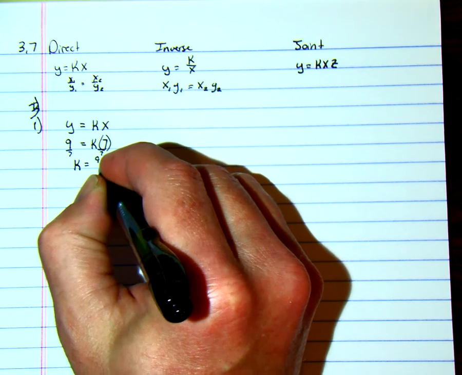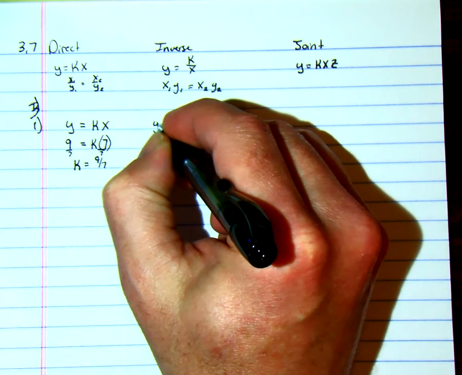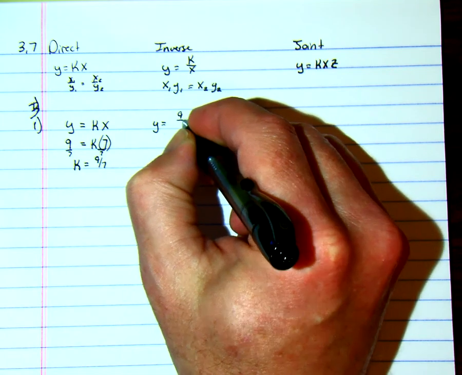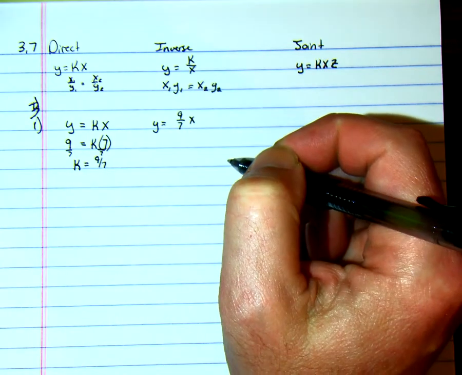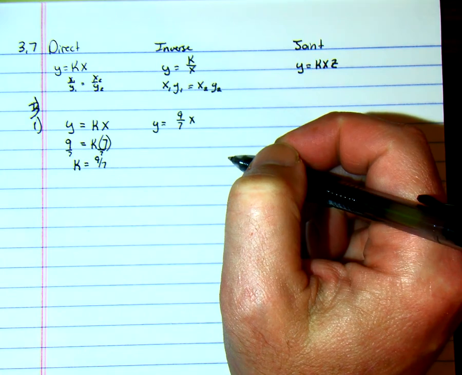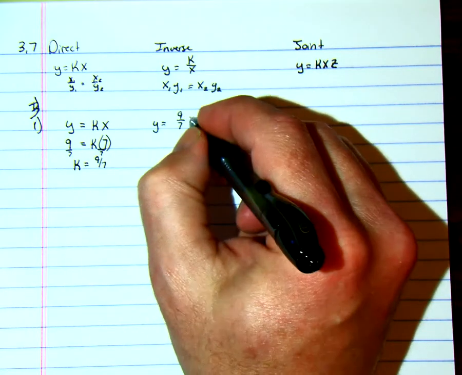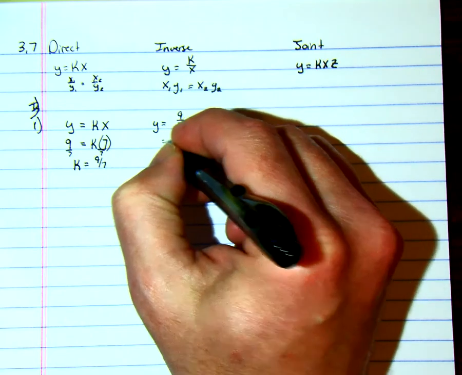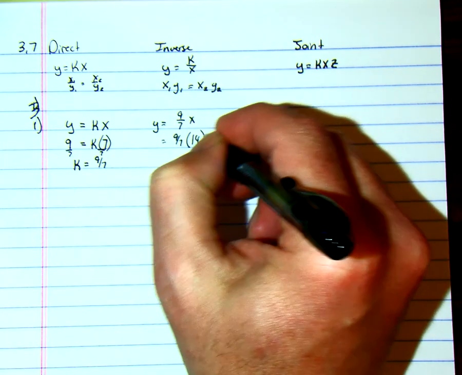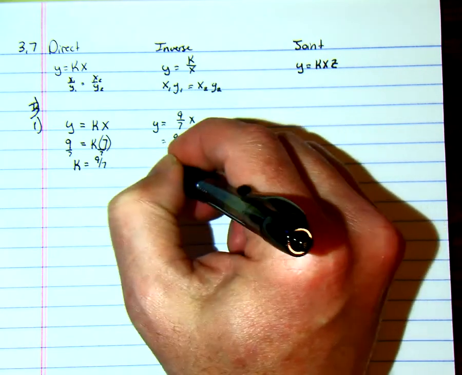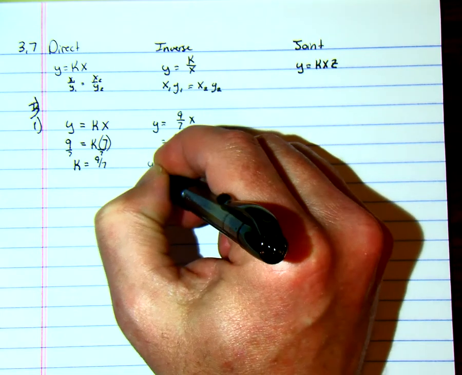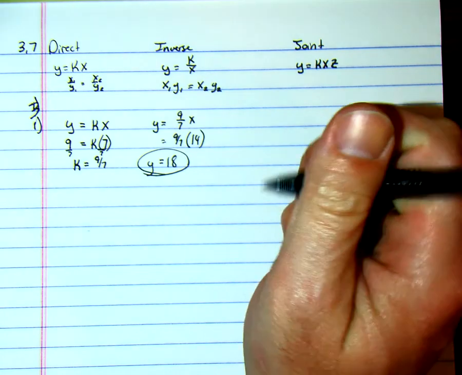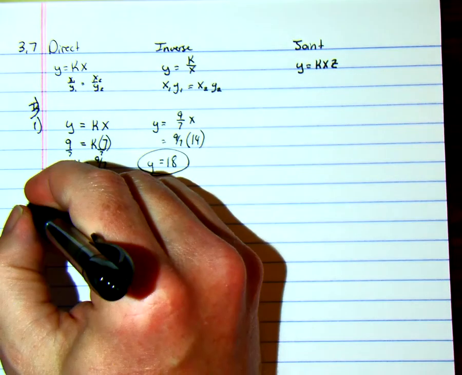So k is going to equal 9/7. So the equation that we're working with here is y equals 9/7 x. And then it says find y when x is 14. So 7 crosses out of 14, goes in there twice. 2 times 9 is 18. So my final answer is 18. Y equals 18 is going to go into my answer block.